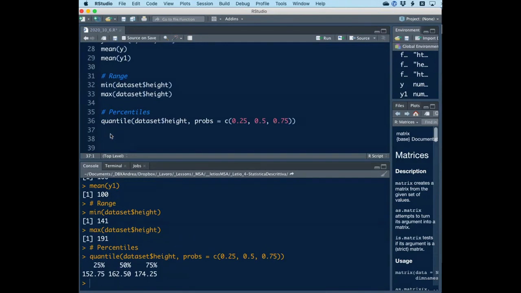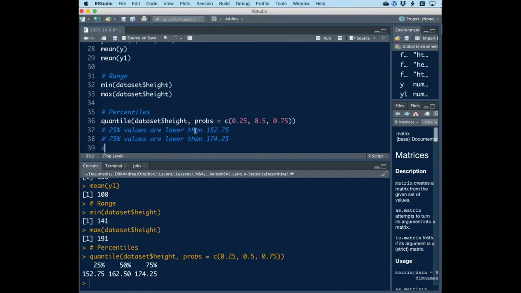So 25% of values are lower than 152.75, and 75% of values are lower than 174.25.